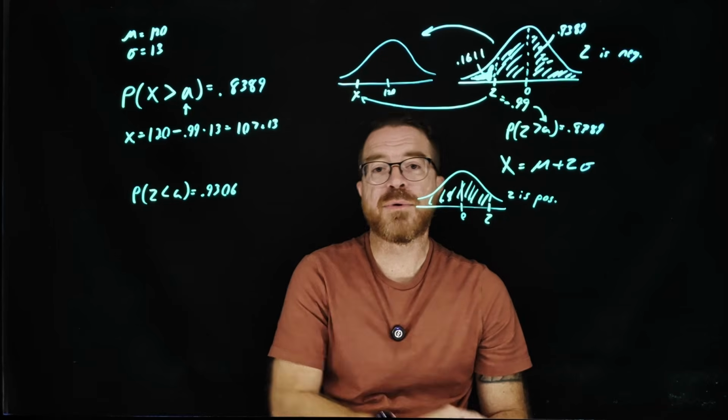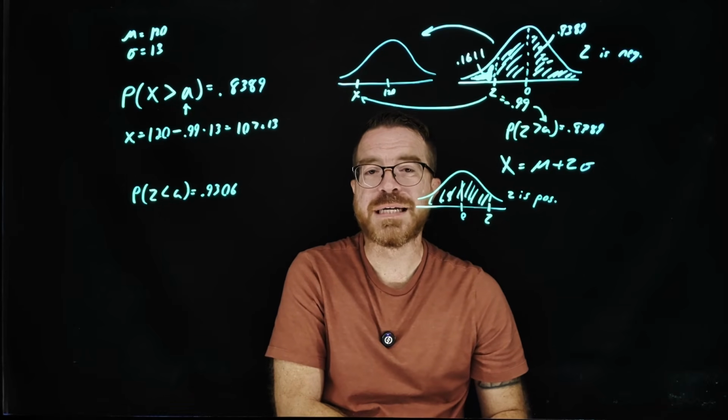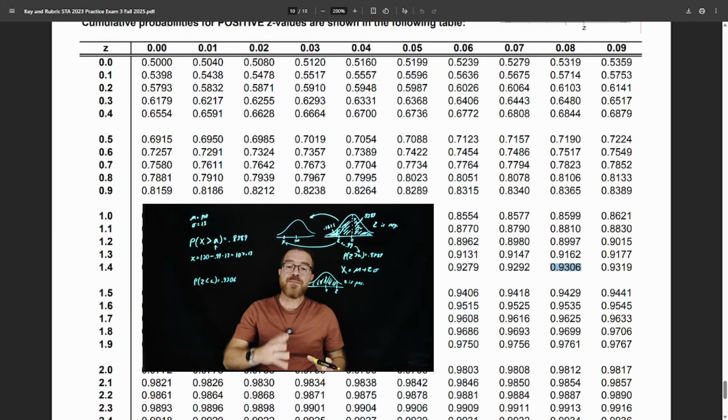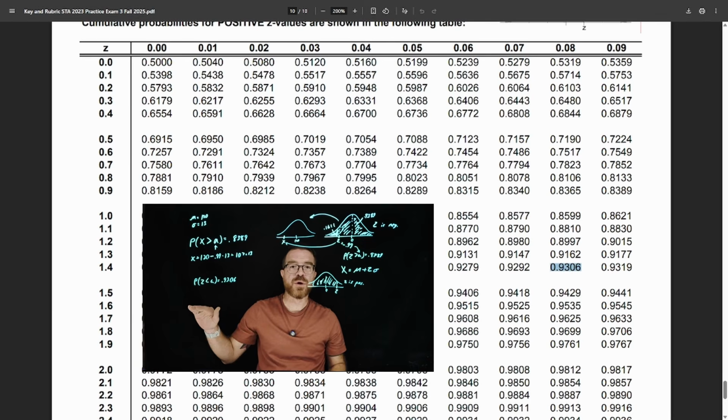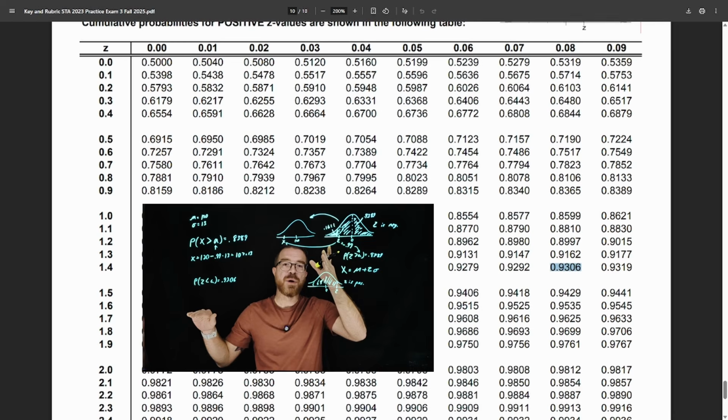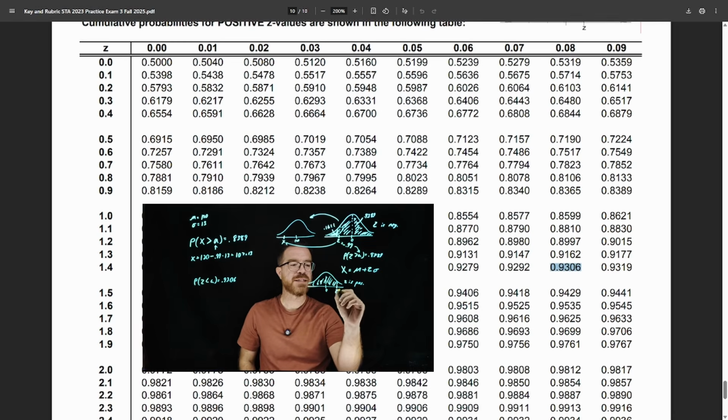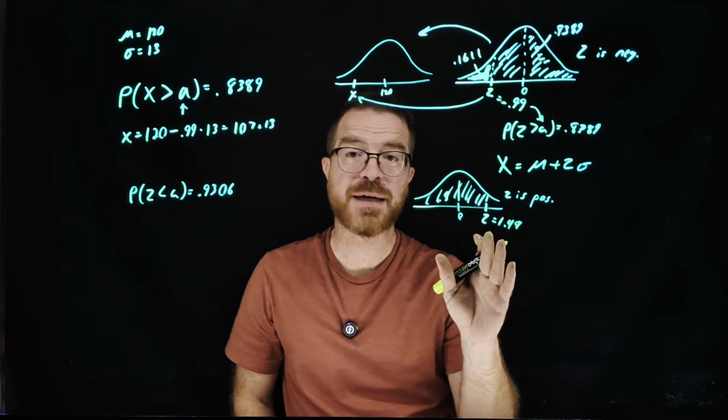So I need to go to my Z table and find the probability 0.9306. Looking at the table, I've highlighted 0.9306. So we go over to 1.4, we go up to 0.08. So this Z value is going to be 1.48 and it's positive.